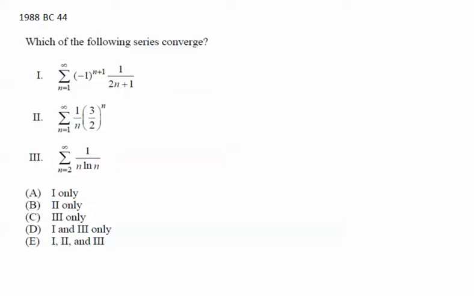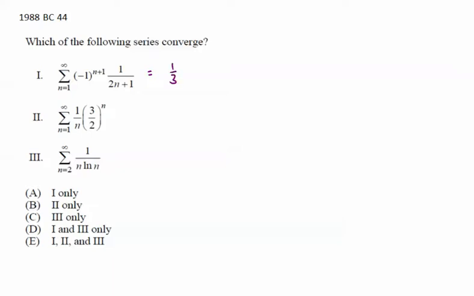So if it's an alternating series, we only need to see that the terms decrease in value to 0, and they definitely do. If we wanted to write out a few of those terms, just to convince ourselves, the first term would be positive, and it would be 1/3.